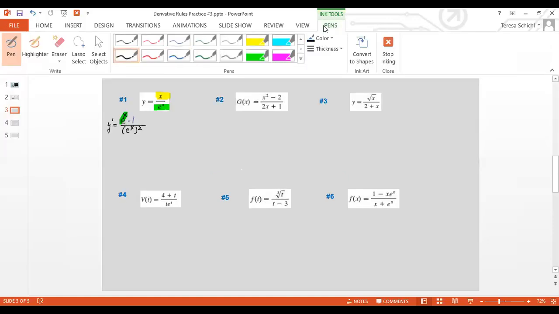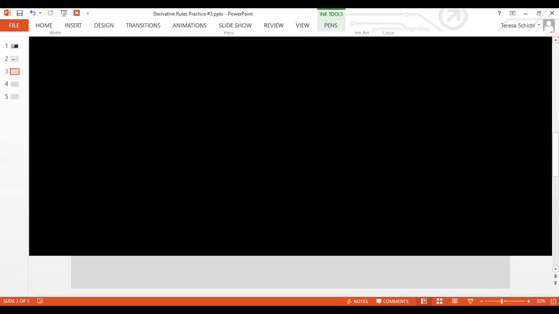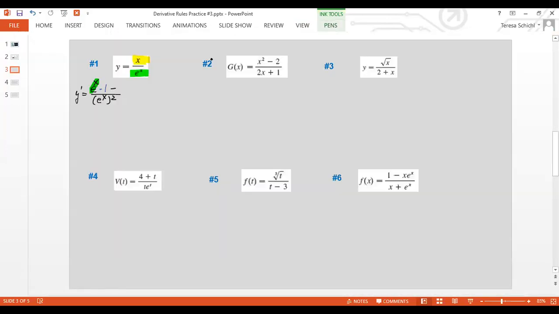And then be very careful here, this is minus. Then you hold the top, not changing it here. Then you take the derivative of the bottom. The bottom here is e to the x, and the derivative is still e to the x, right?